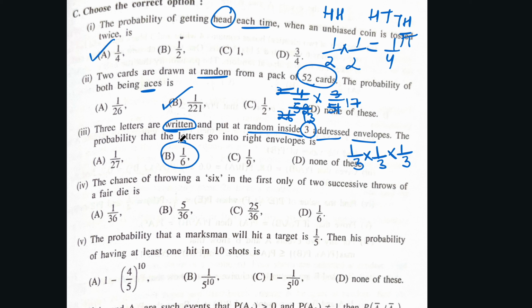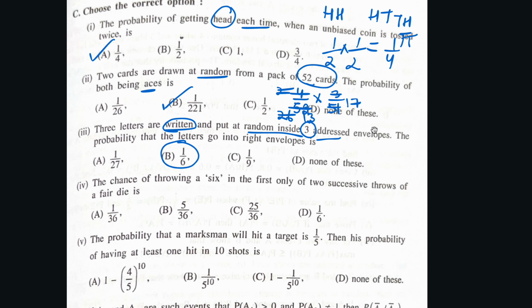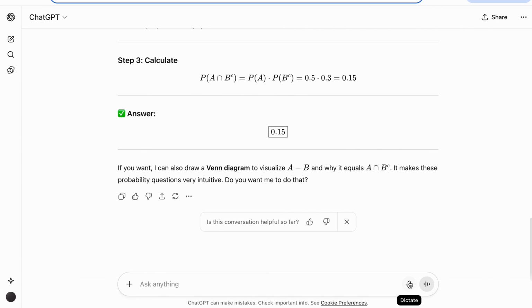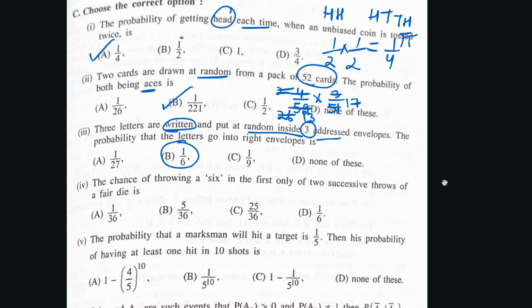The answer is this. Wait then. What have I done wrong? There are 3 letters written and put at random inside 3 addressed envelopes. The probability that the letters go into right envelopes is, I don't know, wait, let's see.